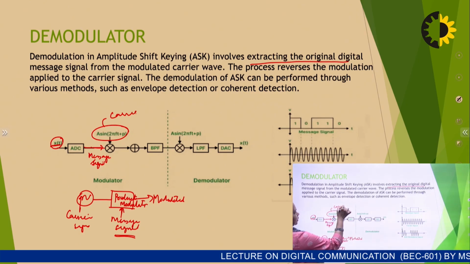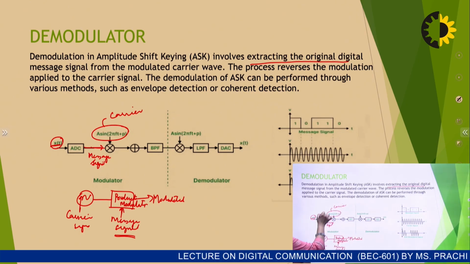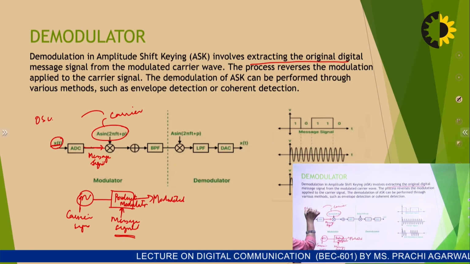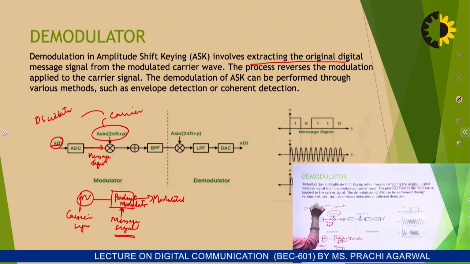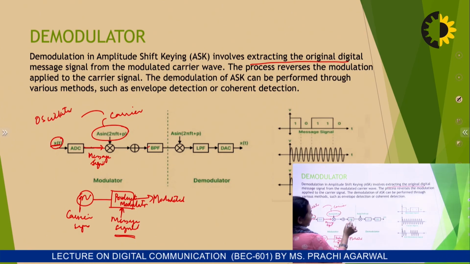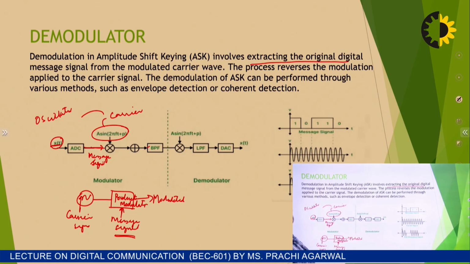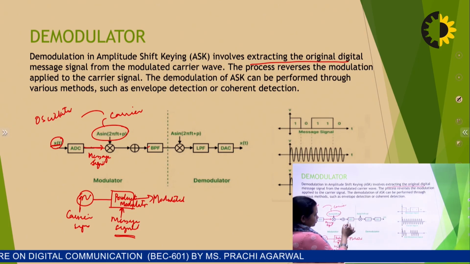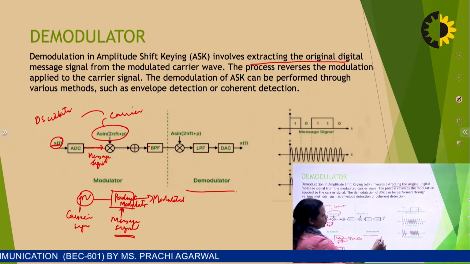The carrier signal is a high frequency signal generated by an oscillator, right? Then it is fed to a BPF. BPF is a band pass filter, and further it goes to a channel, and this part is the demodulator part.